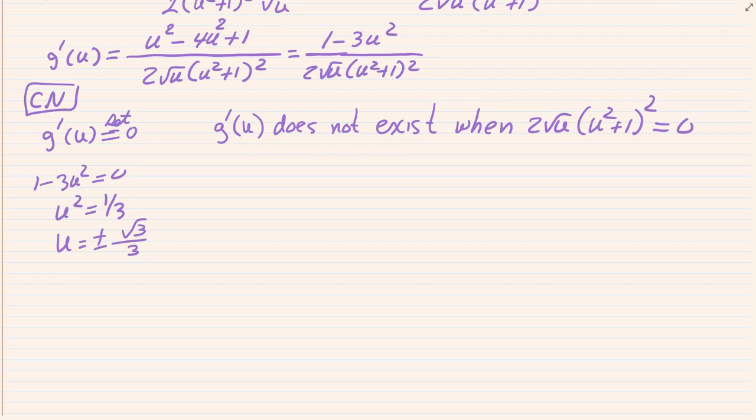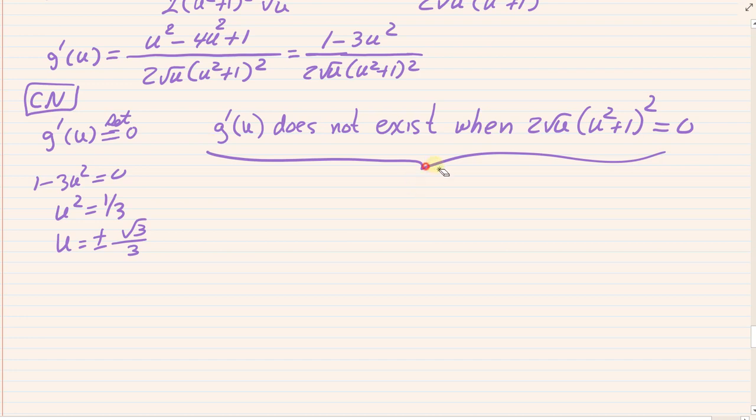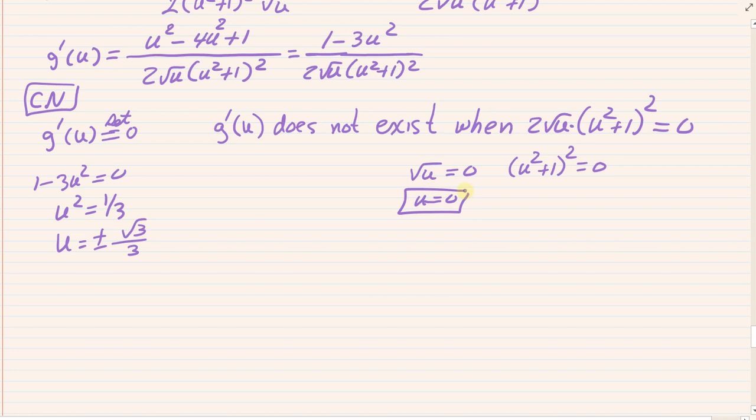Next, we're going to look at the latter expression here. We're going to find the zeros of this expression. So square root of u could be 0, or u squared plus 1 squared may be 0. It won't be 0 in this case. But okay, square root of u equals 0. Square both sides, so you get u equals 0. There's our critical number.